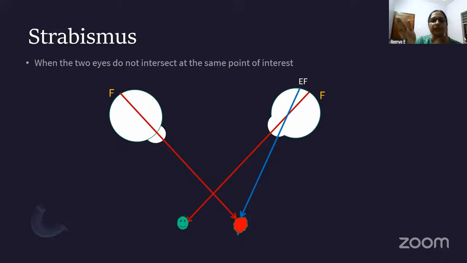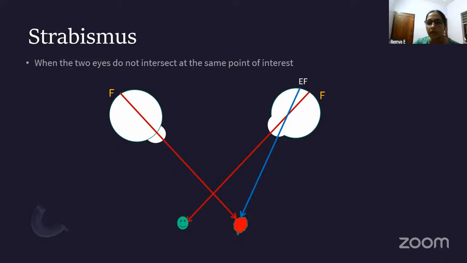What happens when one eye is not aligned? Look at this image, the red image. Here from the right eye, from the fovea to the object, that is the visual axis, it falls on the image. But the other fovea is looking at a different image. That will lead to confusion.